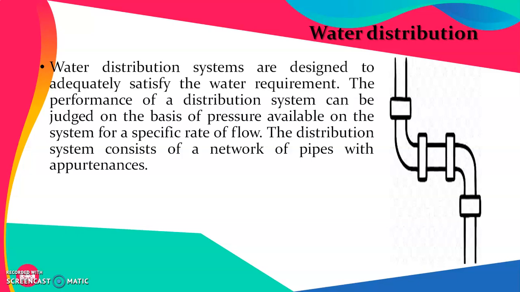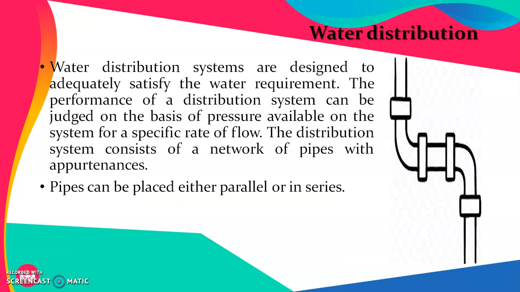The performance of a distribution system can be judged on the basis of pressure available on the system for a specific rate of flow. The distribution system consists of a network of pipes with number of appurtenances. In previous sessions, we have learned different types of appurtenances as well as the different types of distribution network systems.